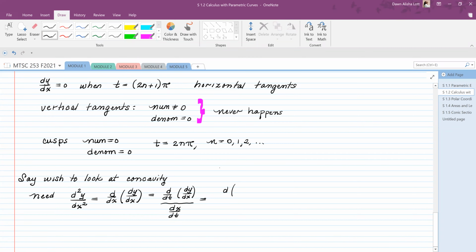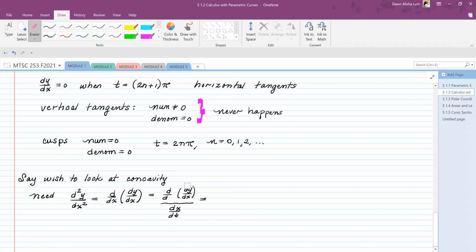Nope, I'm writing it wrong. This is the derivative with respect to x of dy/dx, right? So that becomes the derivative of y prime with respect to t divided by dx/dt.